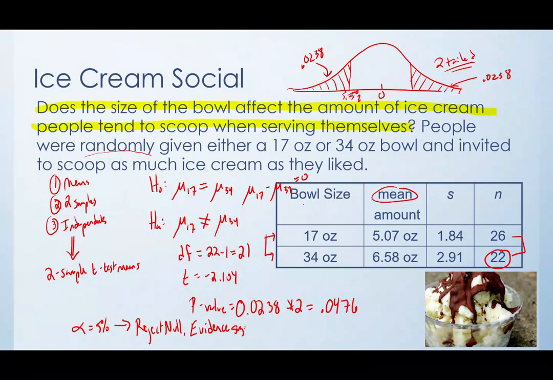Evidence suggests, or you could say that the average amount for the two different bowl sizes is different. However, you know, there's a couple of options. So suggests the size of the bowl affects the amount of ice cream scooped. I'm going to leave it there. All right, that's it. There we go.